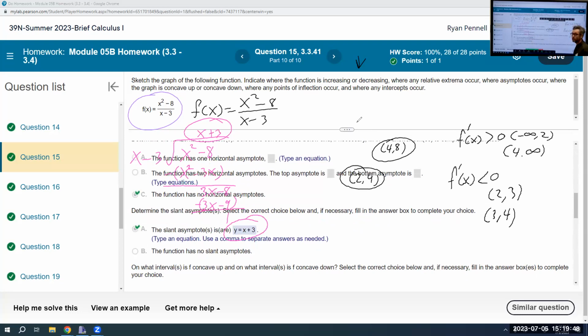You just long divide polynomials, in the same way that you would long divide 7 over 5 to find the decimal representation. Right? 5 into 7, how many times does 5 go into 7? Just one time, I guess, right?